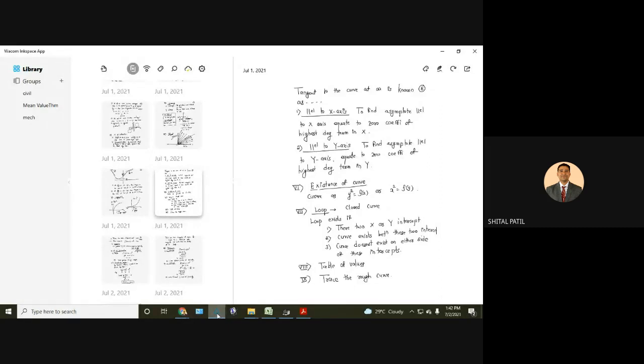Limits converted into 0 to 1. Minus 2 comma 3 by 2, absolutely.